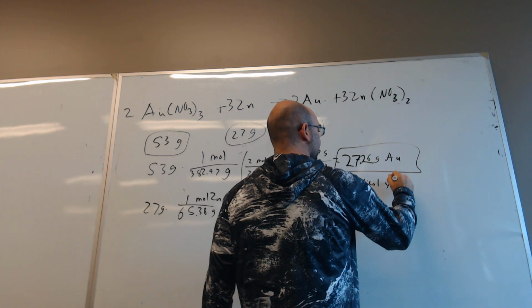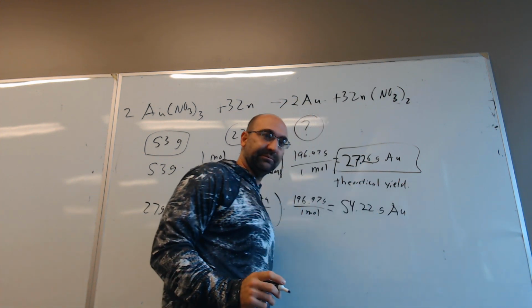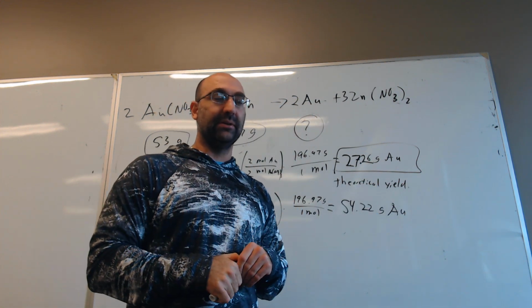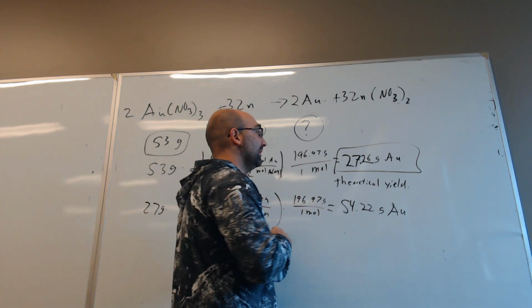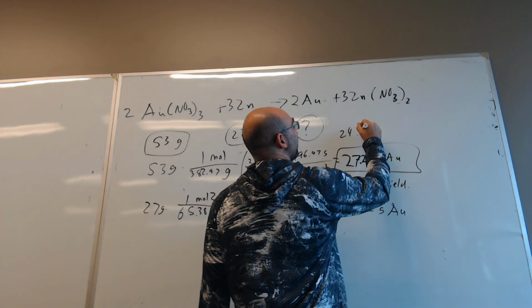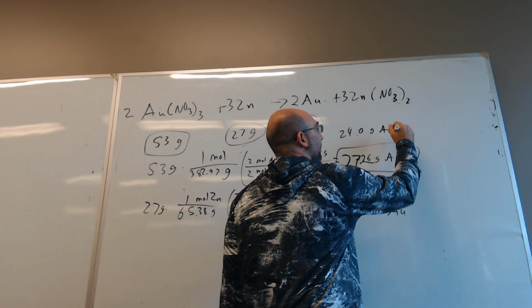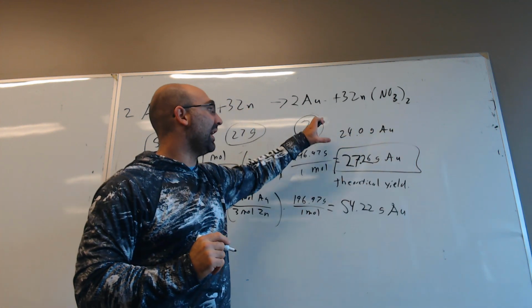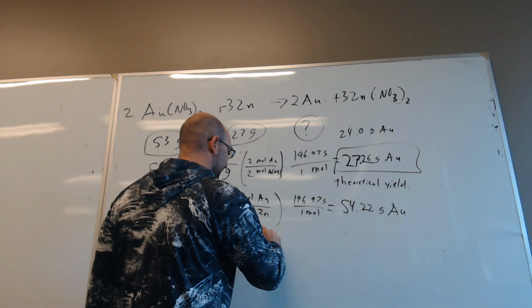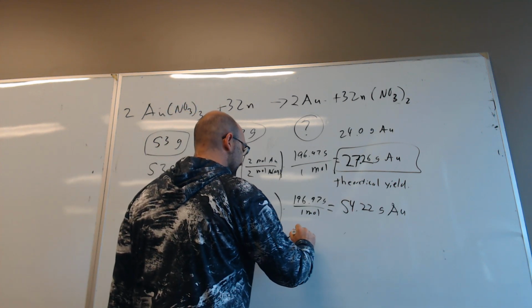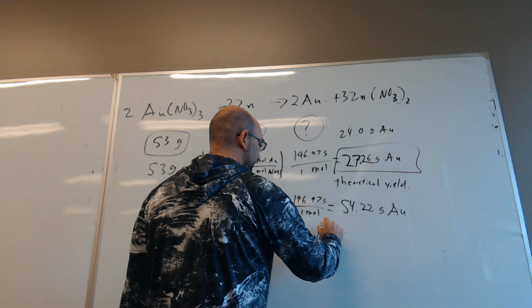Theoretical yield. Now what I want you to do is, instead of making this much gold, we only made 24.0 grams of gold. This was the actual yield. This is the theoretical yield. So what is the percent yield?